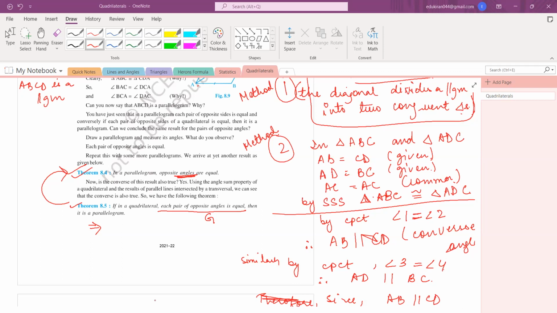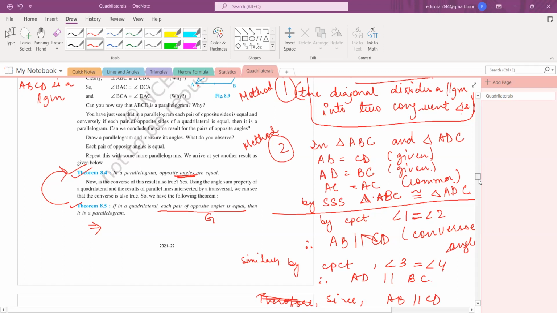This proof is also not required. You just have to remember this theorem that opposite angles are equal, and the converse is also true, that if opposite angles are equal, then it is a parallelogram. Okay, written? All right, let's proceed.